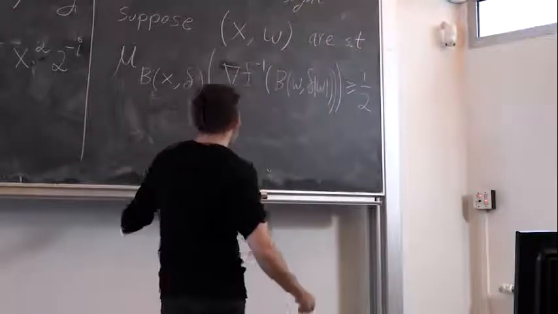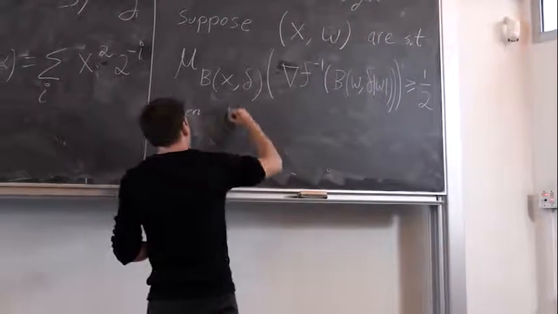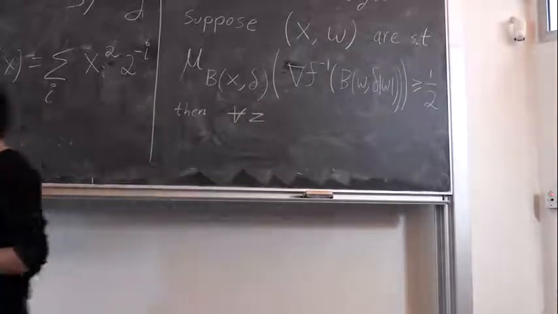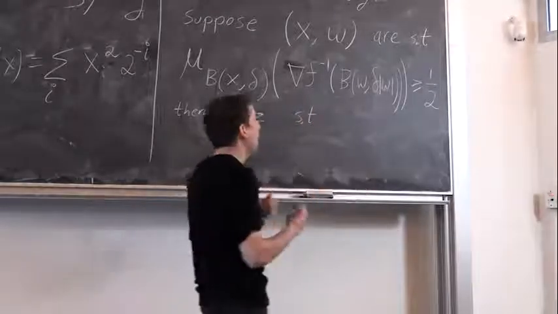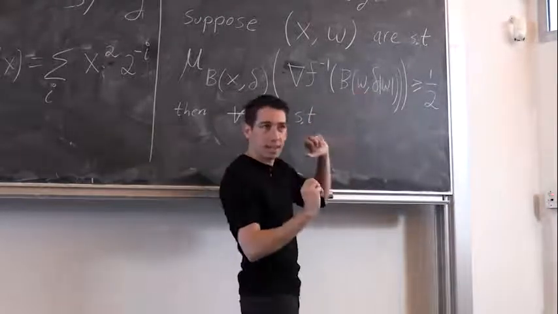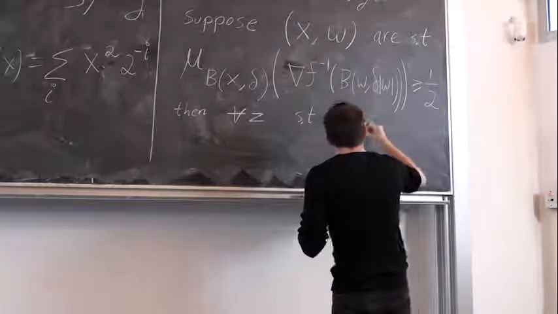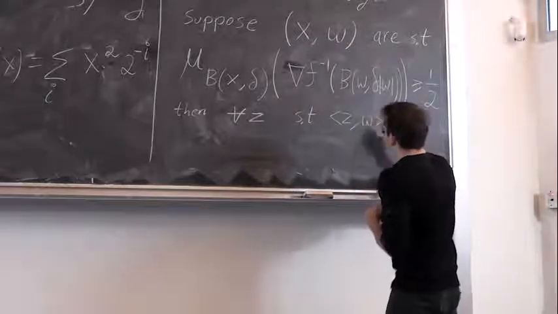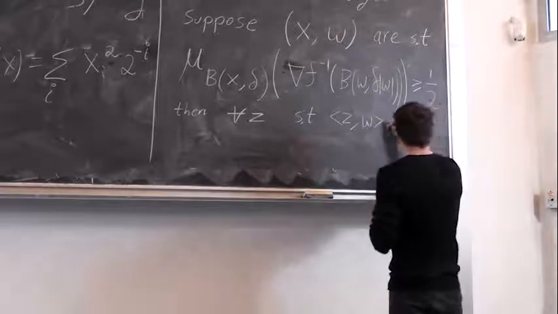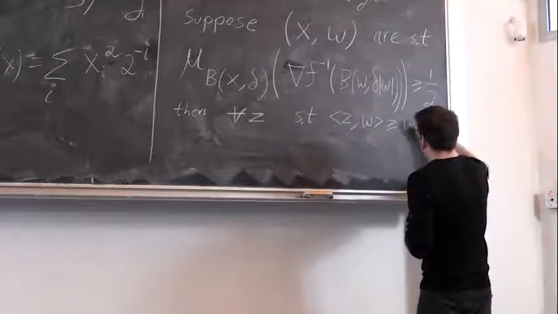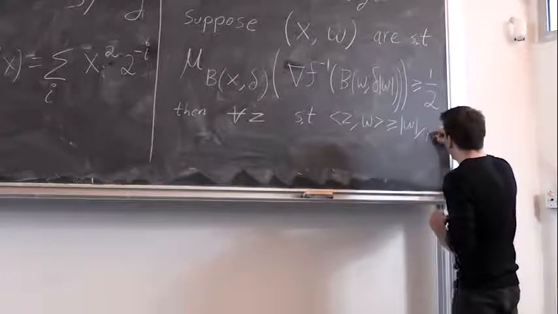So suppose we have this, and then for all z, this is my point z, such that there is a line of sight between this thing and z, which in other words means that the inner product of z and w, which is really the gradient of f, is at least the norm of the gradient times some constant, let's say 1 over 10 here.